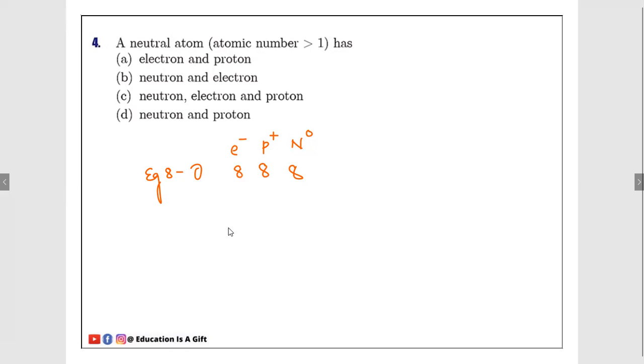So 8 electrons we can take as minus 8, 8 protons as plus 8. Anyhow it is neutral, it will be 0. Simply to say every atom is neutral, and here the neutral atom with atomic number more than 1, simply to say, leave hydrogen, every atom has electron, proton and neutron. So answer is C, neutron, electron, proton.